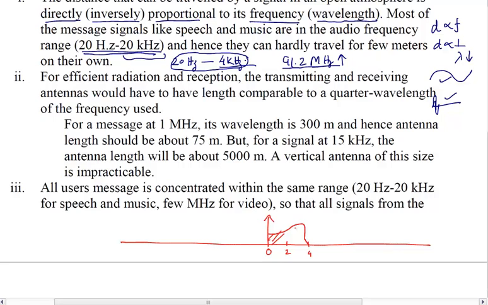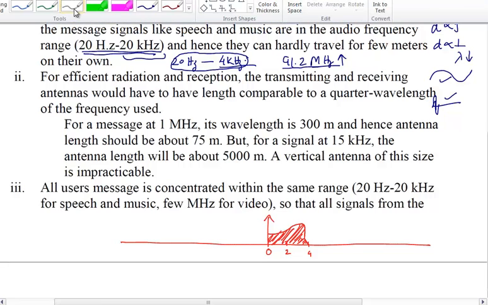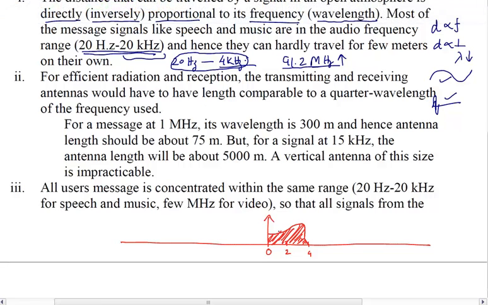So this is going to be my band. This much frequency my voice is going to take. Now, if simultaneously someone else wants to send a signal, they also will be in this 0 to 5 kilohertz range, isn't it? So they also are supposed to be in this particular range only.